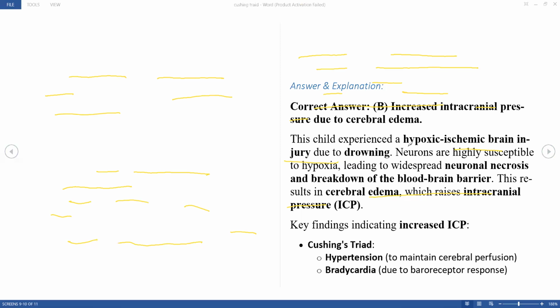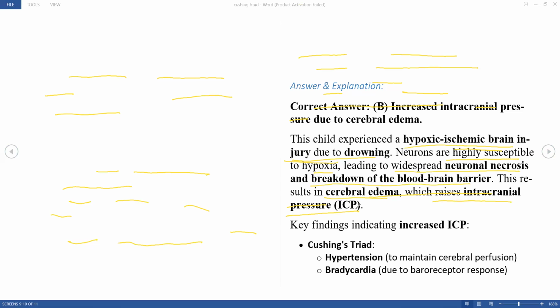Right, the child experienced hypoxic ischemic brain injury due to drowning. Neurons are highly susceptible to hypoxia, leading to widespread neuronal necrosis and breakdown of the blood brain barrier. This results in cerebral edema, which raises the intracranial pressure.